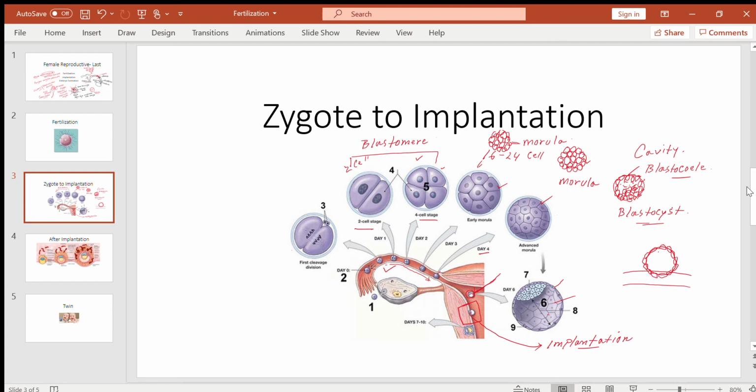Okay, and you will also see that some cells accumulate here inside the blastocyst. Okay, so this part, this outer surface, these cells are called cytotrophoblasts.